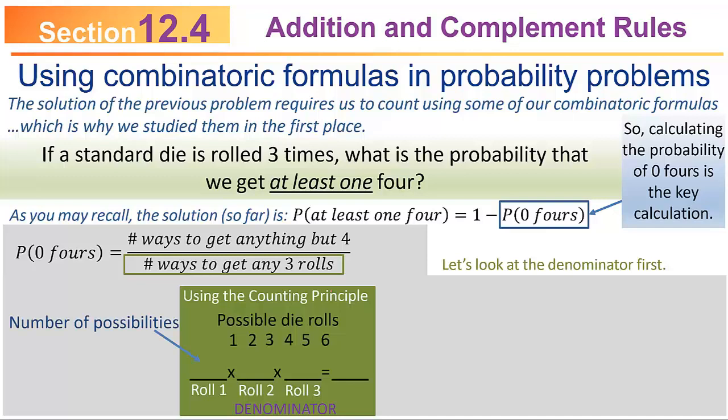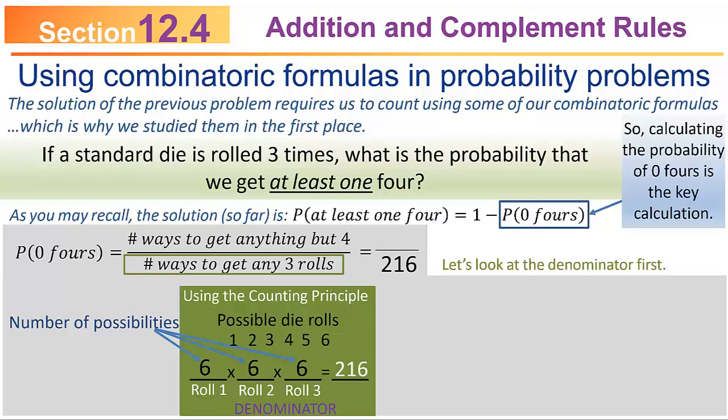So the number of possibilities for the first roll, well, there are 6 possibilities. As for the second, there are still 6 possibilities, and for the third, there are still 6 possibilities. So the counting principle says the possible die rolls you can get when you roll 3 times is simply 6 times 6 times 6, which happens to be 216. That's the denominator.